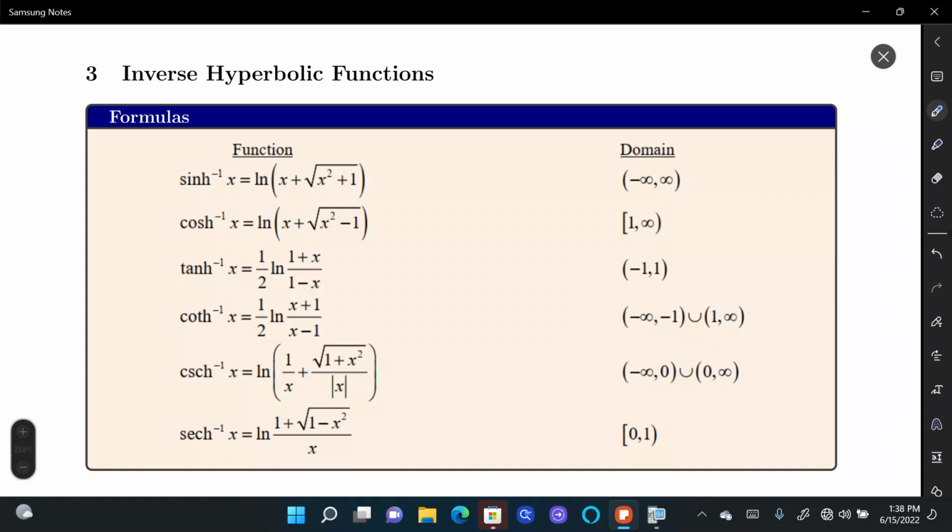The reason why I would like to talk about this anyway is because the regular hyperbolic functions are defined in terms of exponential functions. So the fact that there exist these inverse hyperbolic functions, it wouldn't be a surprise that they would be defined in terms of the inverses of the exponential functions, which are logarithmic functions, right?